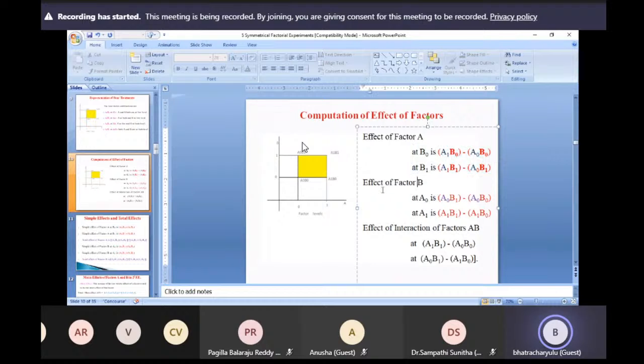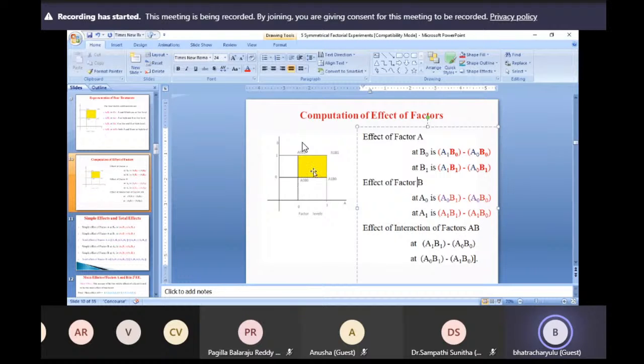Similarly, suppose we want to find out the effect of factor B. So how do you get the factor B effect? You keep A at low level and go from this point to this point, what is this difference? And similarly, this difference that you calculate. And the sum of these two differences gives you the effect of factor B. Now, what is the interaction effect AB?